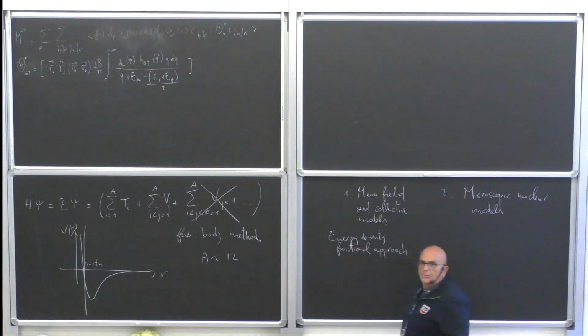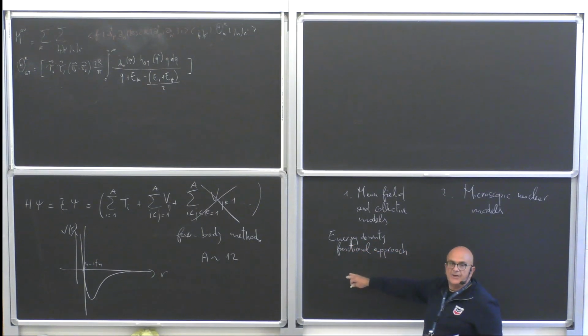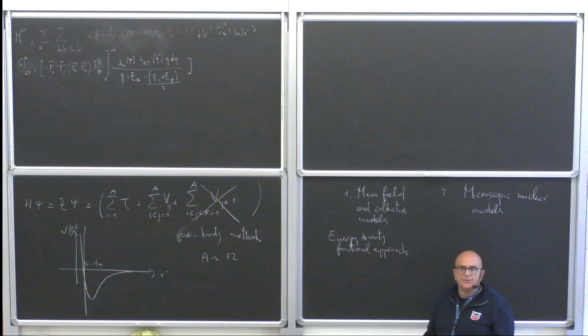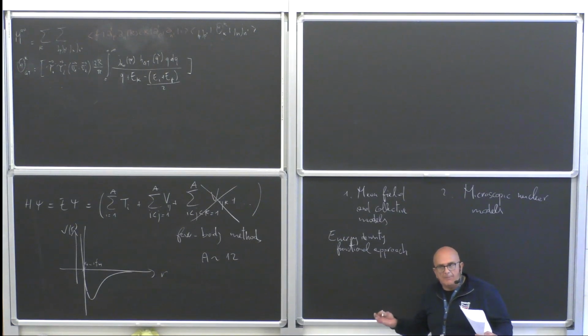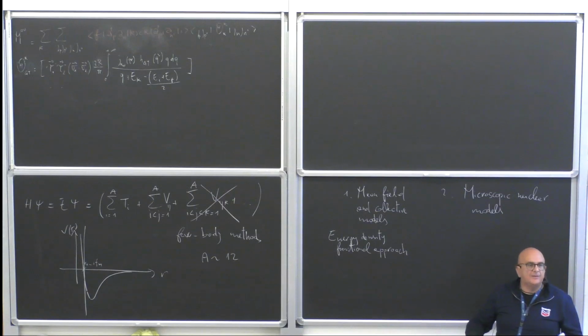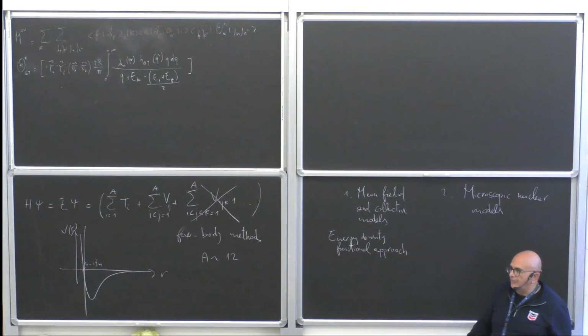Namely, you construct an energy density functional that is able, through a calculation, to fit the masses of the whole nuclear chart. Since this is a one-body problem, because we are dealing with a mean field Hamiltonian, this approach is very easy from the computational point of view.